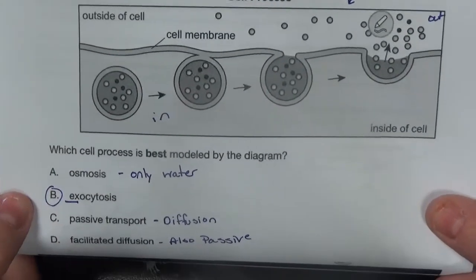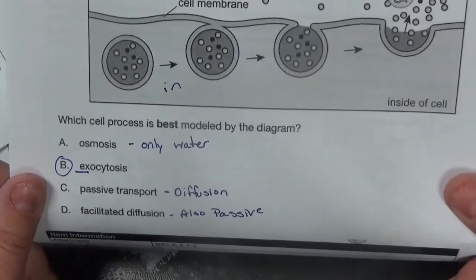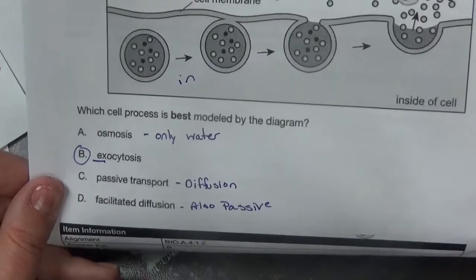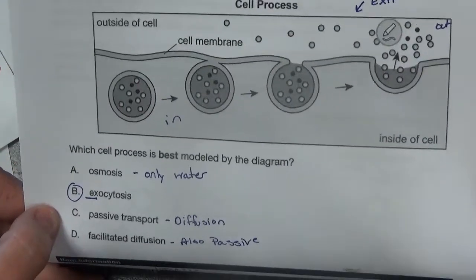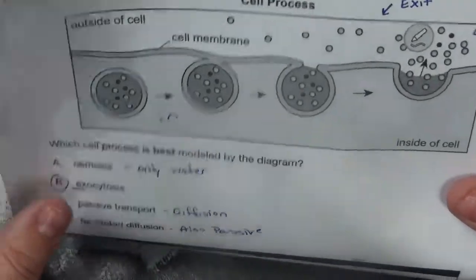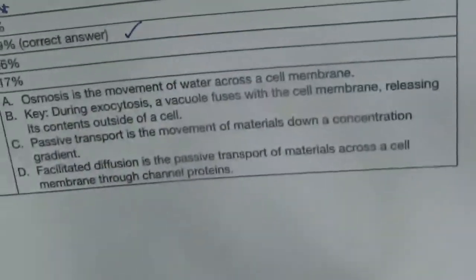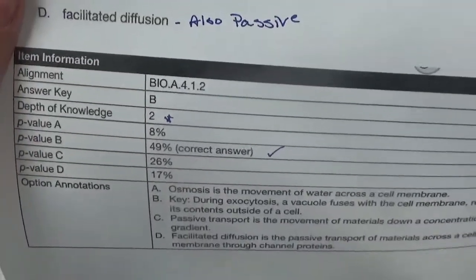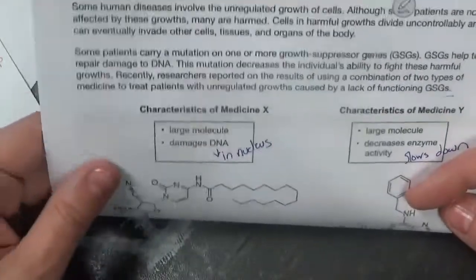What is best modeled by the diagram? Is it osmosis, exocytosis, passive transport, or facilitated diffusion? This is an easy one for us because something is exiting the cell by fusing a vesicle to the cell membrane. That's definitely exocytosis. And I find this confusing that only 49% of people in Pennsylvania got that one correct, but I feel like that's going to be easy for you guys.